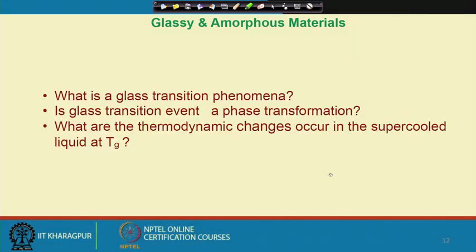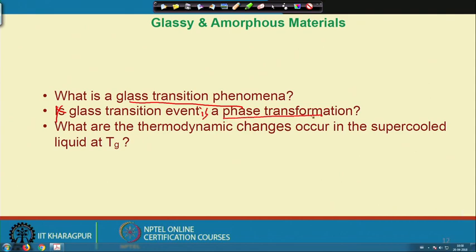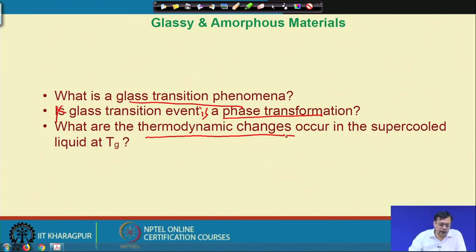So, we understood that the glass transition phenomenon is definitely a phase transformation process, and in this phase transformation there are several thermodynamic changes that occur in the supercooled liquid at Tg. Tg is the glass transition temperature, and the phenomenon is very characteristic of a second order phase transition process.